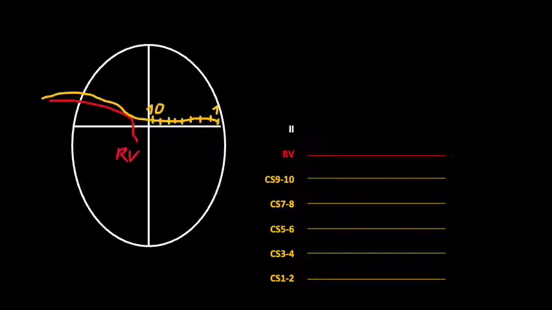Let's look closely on the area of bundle of His. When we are close to the bundle of His, we should register the electrograms like this. So the small electrogram, the first one, which is the atrial activation, then quite sharp electrogram, which is the electrogram of bundle of His, and then much bigger electrogram, so the electrogram of ventricles.